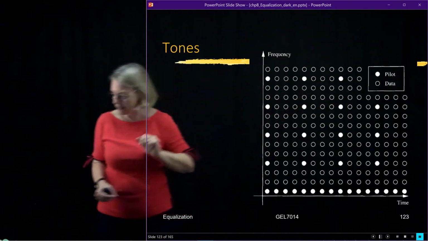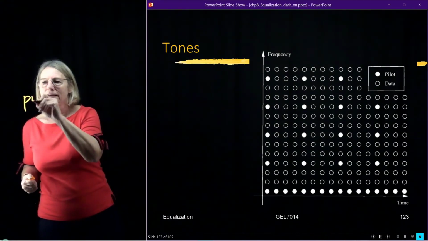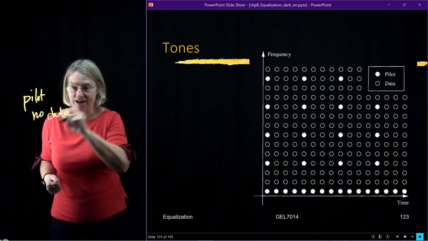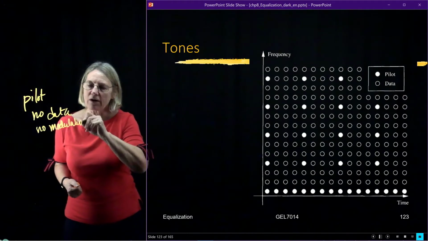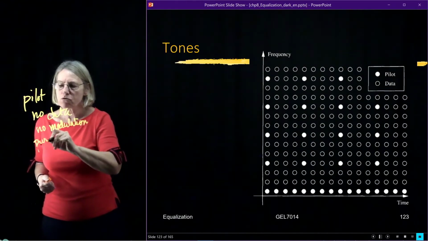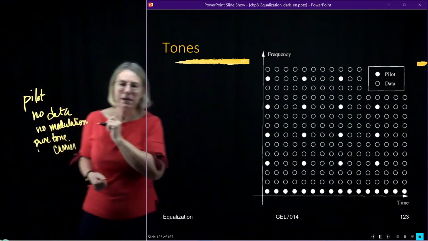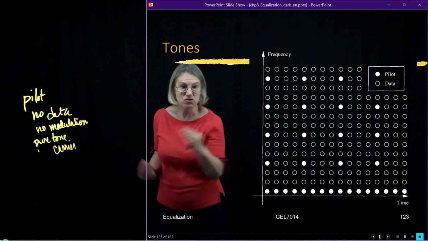What does it mean when I send a pilot? A pilot has no data on it, no modulation on it. It's just a pure carrier, a pure tone. That means that it's very easy to read directly what the phase is. There's no modulation.